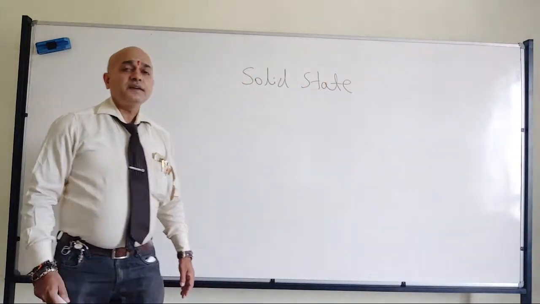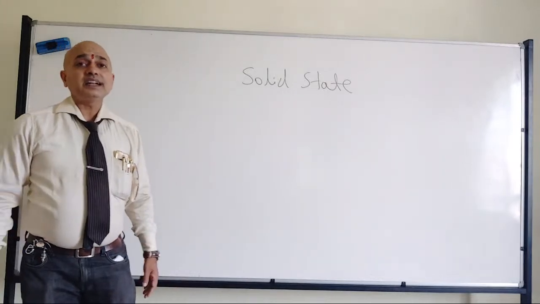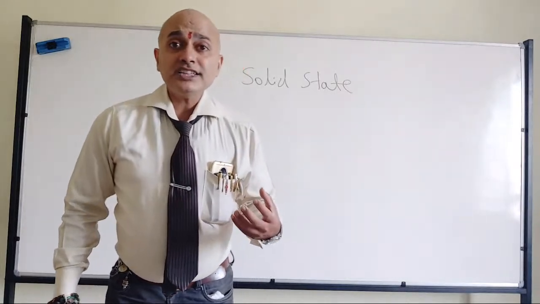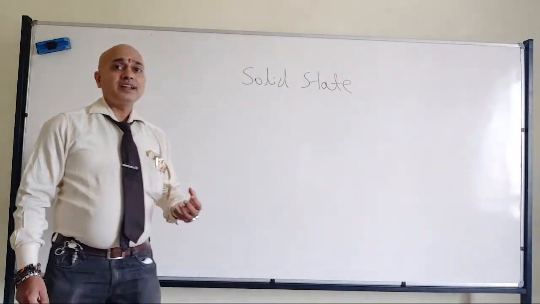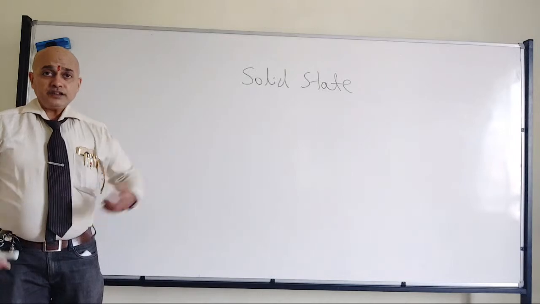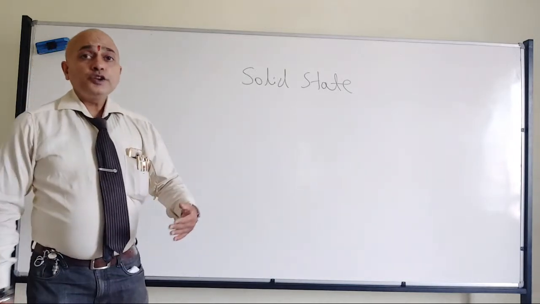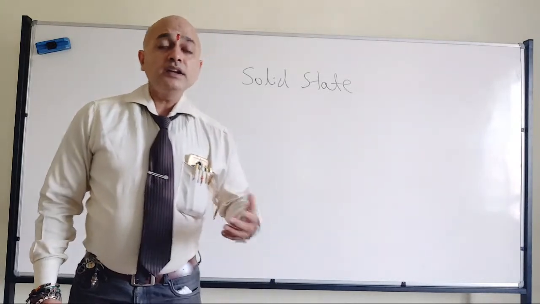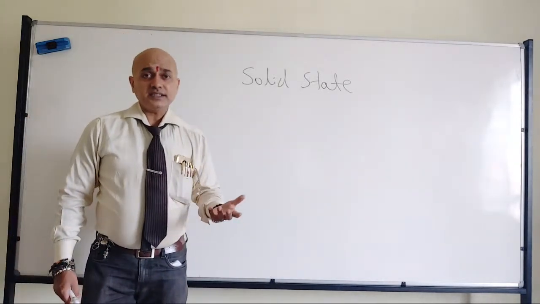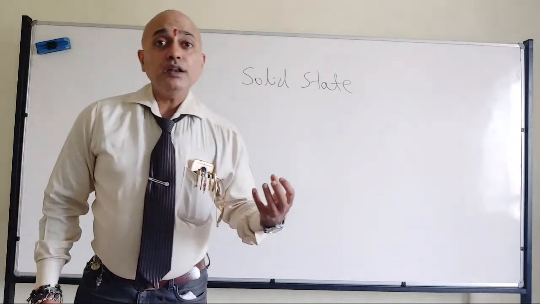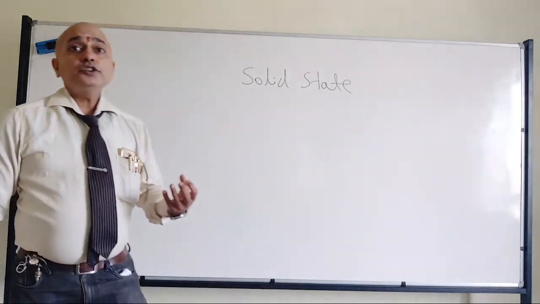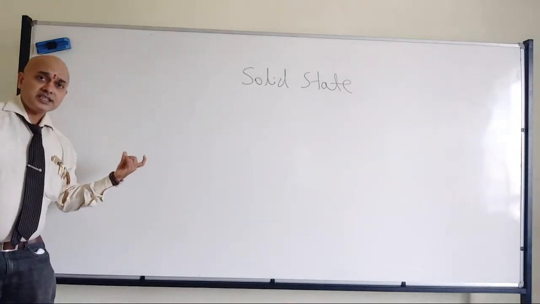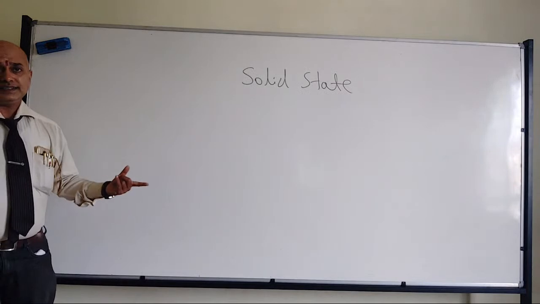What do you mean by unit cells? Unit cells are the smallest structural unit of that particular crystal lattice. So crystal lattice is a broad term, unit cell is a small term. Like in an apartment, the whole apartment is considered the crystal lattice, and an individual house is considered a unit cell. That's the relation between crystal lattice and unit cells.